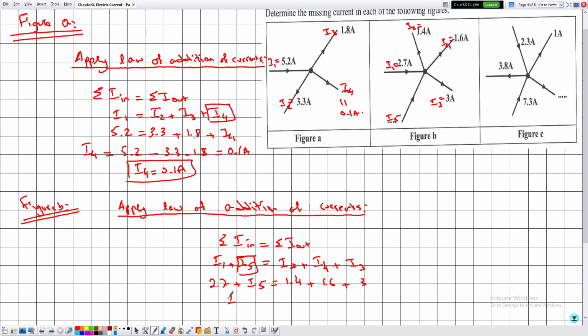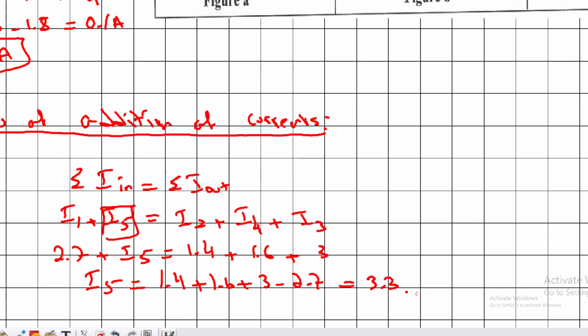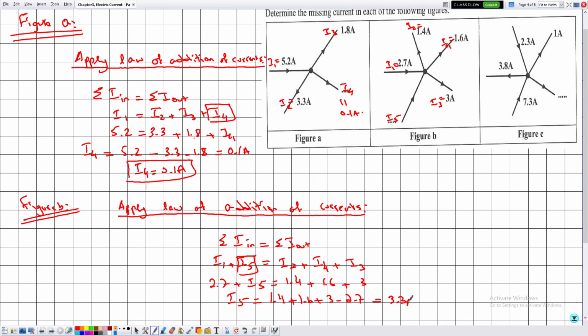We put I5 on one side and all the others on the other side: 1.4 plus 1.6 plus 3 minus 2.7. Plugging this expression into the calculator, the value of I5 is 3.3. Since all of these quantities are expressed in amperes, I5 is equal to 3.3 amperes.